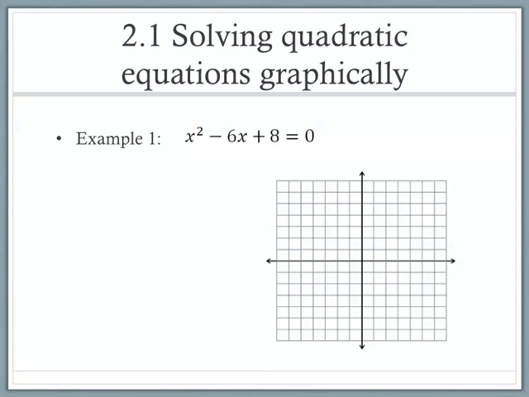So here's an example. X squared minus 6x plus 8 equals 0. Now, if we were to put this into the calculator, we would put our x squared minus 6x plus 8 all into the y equals. So let's go ahead and do that.